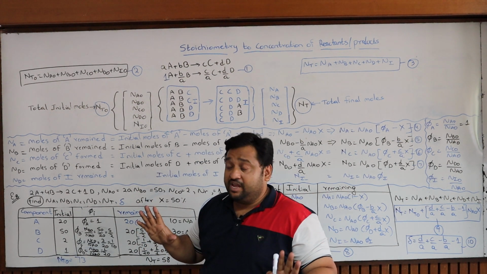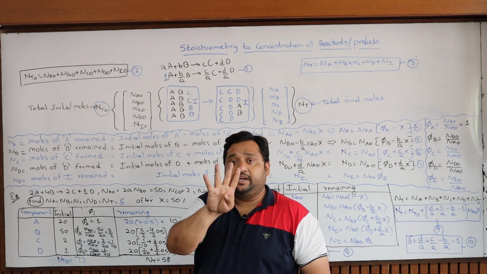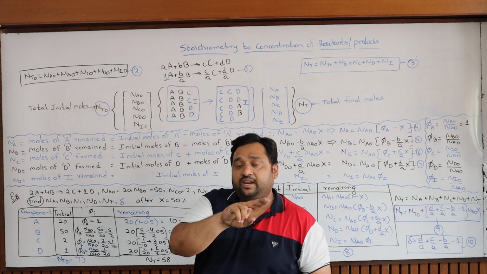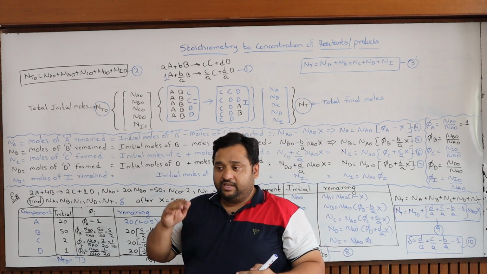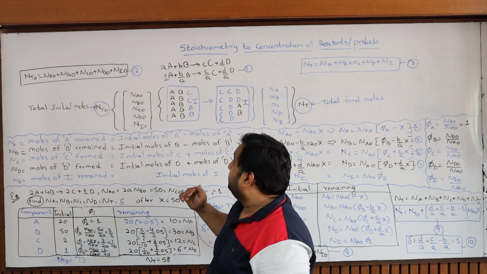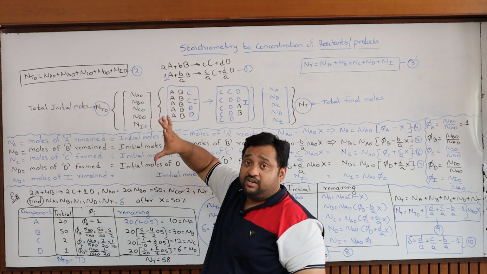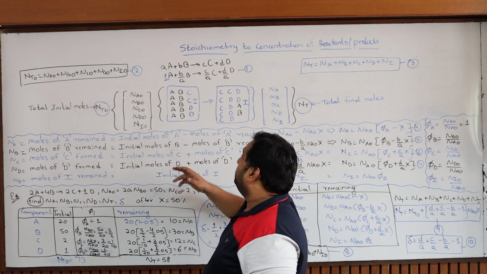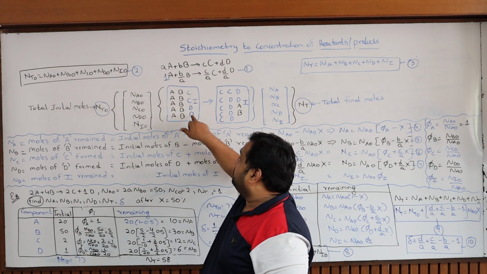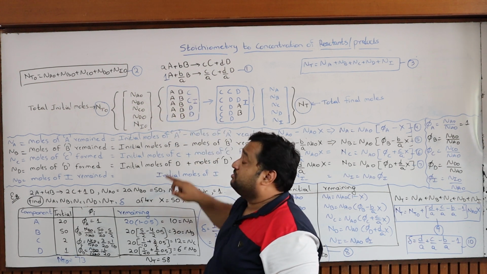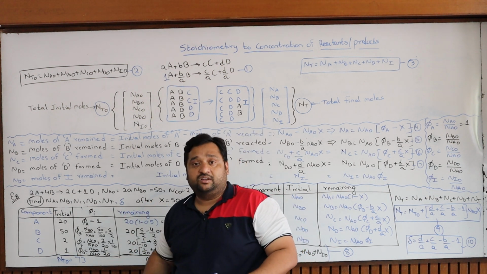This is the equation and these are the 4 components A, B, C, D. Among these, A and B are the reactants and C and D are the products. A and B will be consumed, C and D will form. Imagine this is the reactor, a certain batch reactor, with molecules of A, B, C, D and inerts before the reaction.